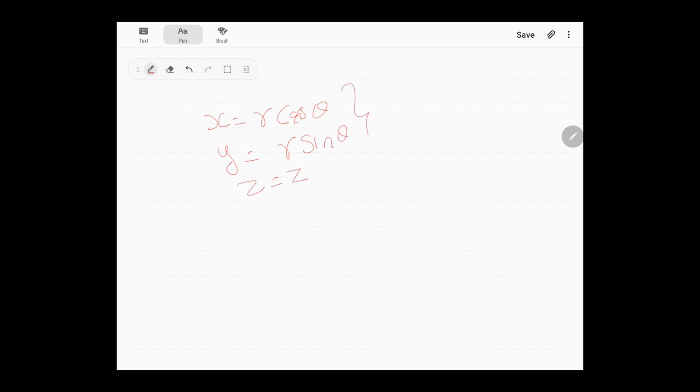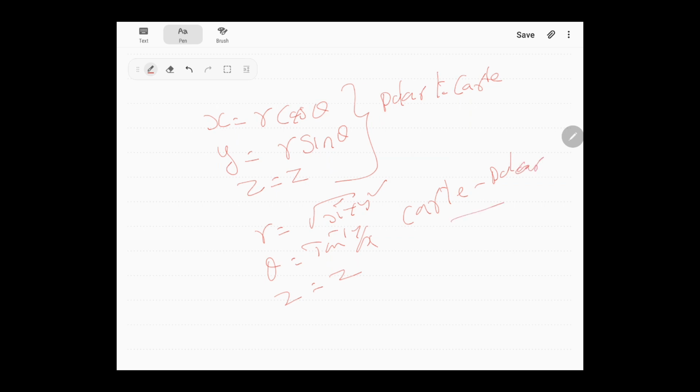This is from polar to Cartesian. And r is root over x square plus y square, theta is tan inverse y by x, and z is equal to z. This is Cartesian to polar. That is the relationship.